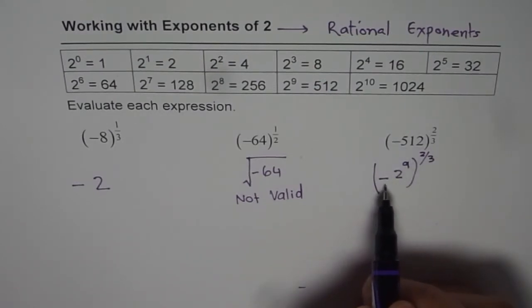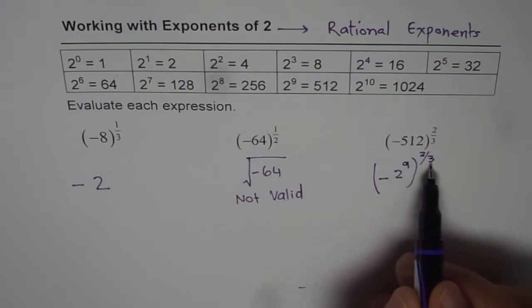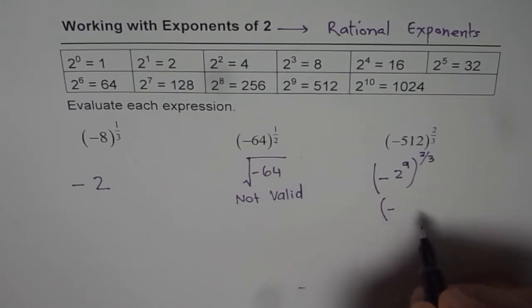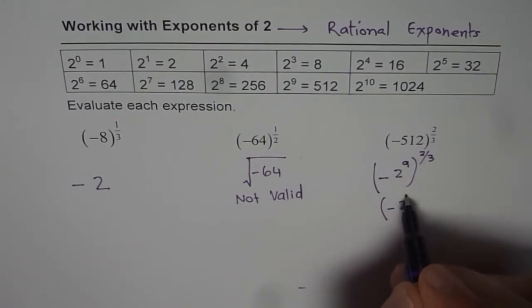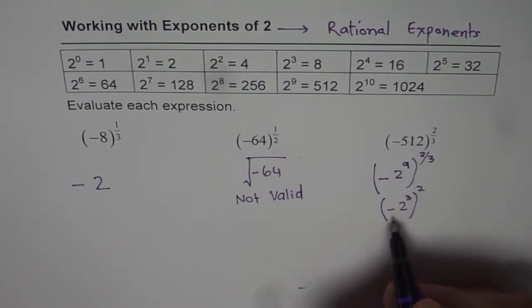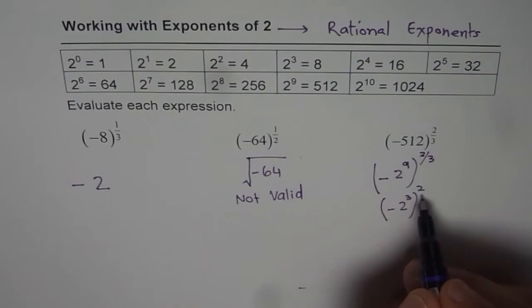Now, since this is negative, if I do cube root first, then what do I get? I get negative 2 to the power of 3, and then we have to square it, correct? So I'm doing it in steps so that you understand how this negative changes to positive.